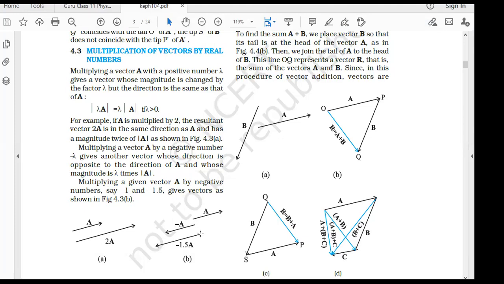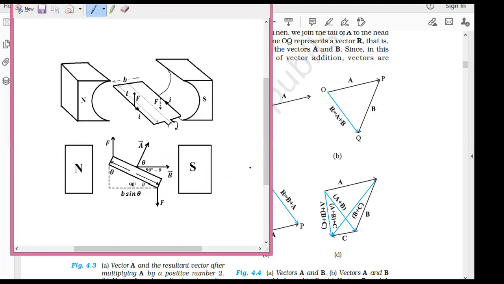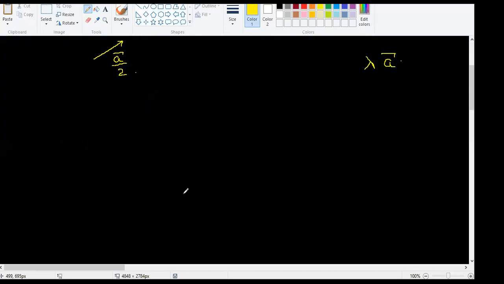Another thing I forgot to tell you earlier was, whenever you see bold letters in printed material, bold letters mean vectors. But when you are writing in your notebook, writing this is much easier.